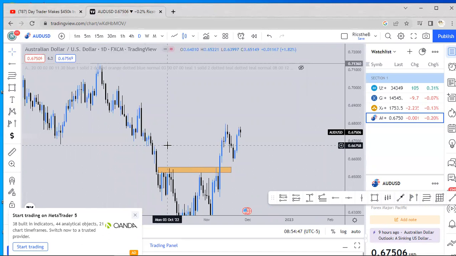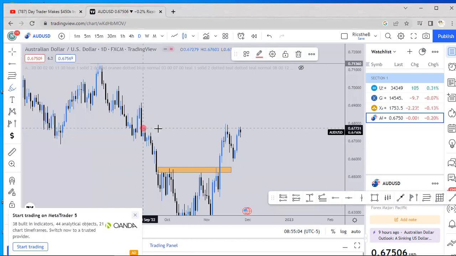When you get to touch on weak highs and weak lows, you'll even get to understand liquidity much better on single candlesticks. But you can see this candlestick here. This is liquidity that was formed there, and eventually you can see price rallied and took it out.